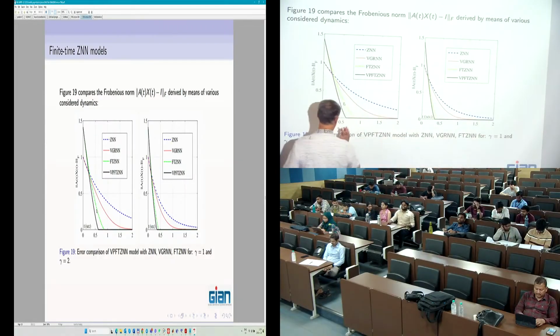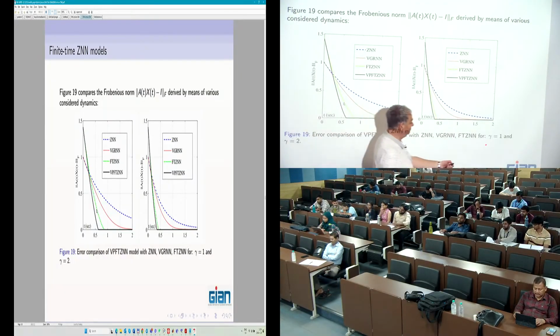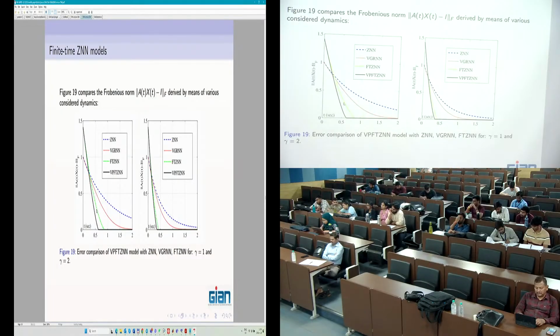The first graph is made using gamma equal 1. No need to use big gamma. The second graph is made using gamma equal to 2. What is interesting to mention here? Xi power t. Xi is greater than e.